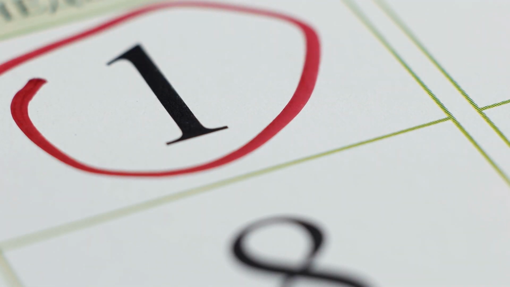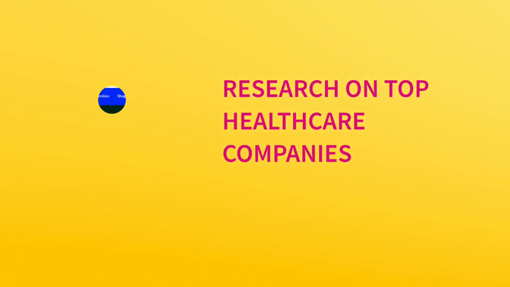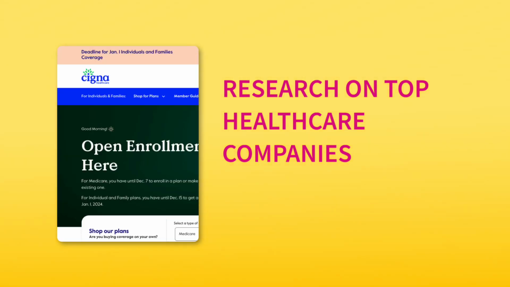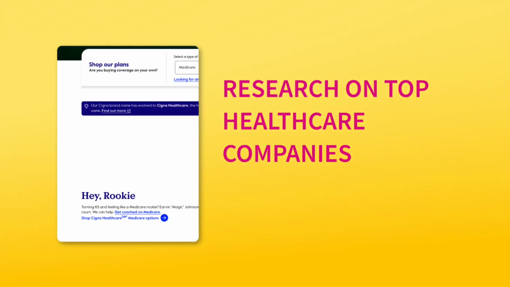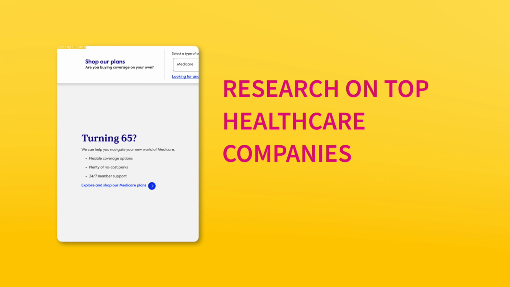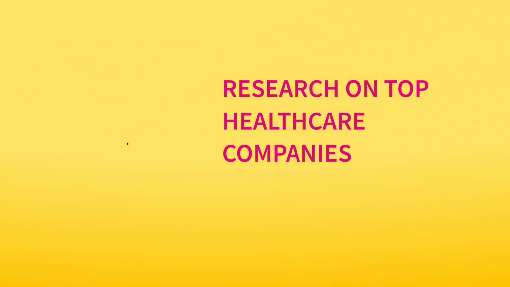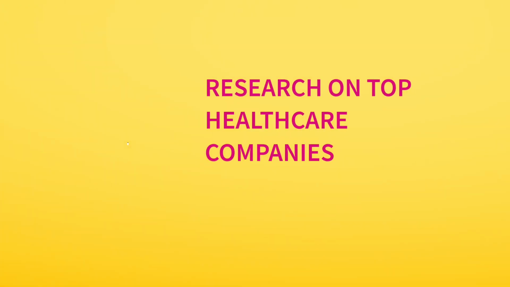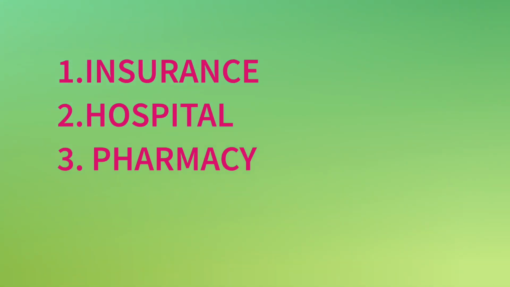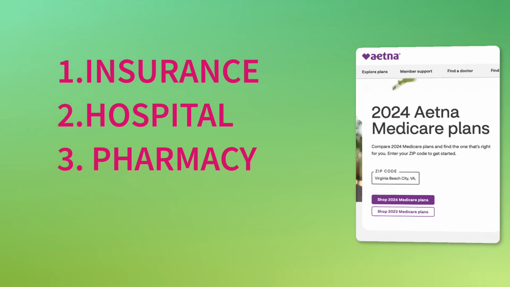First is planning. In order to become a healthcare BA, you need to do a thorough research on the healthcare companies. Healthcare industry includes major insurances, hospitals, and pharmacy companies. So you need to do a thorough research on what are the top important insurance companies in your country, hospitals, and pharmacy industry companies.